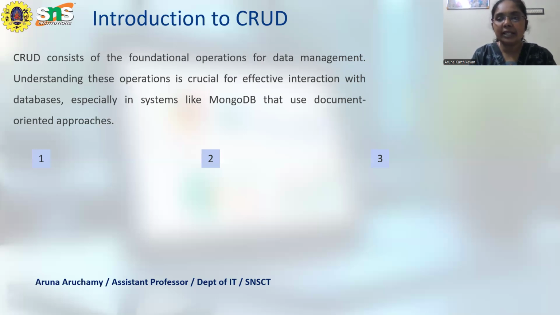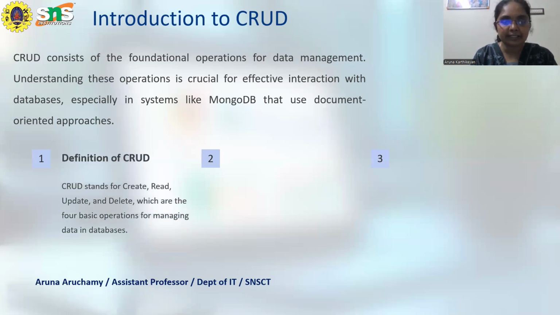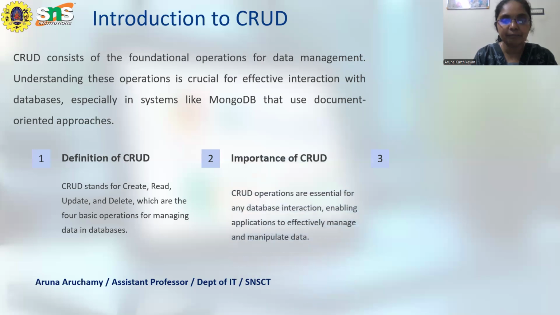So we call it a schema-less architecture. This is the definition of the CRUD operation. It is essential for effectively managing and manipulating the data, and it becomes robust and user-friendly. For that reason we go for MongoDB CRUD operations.